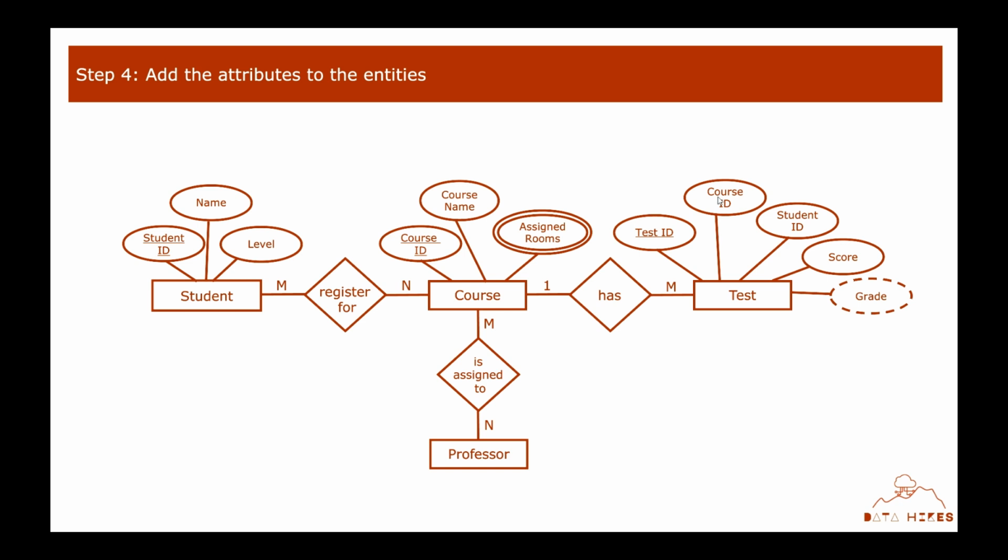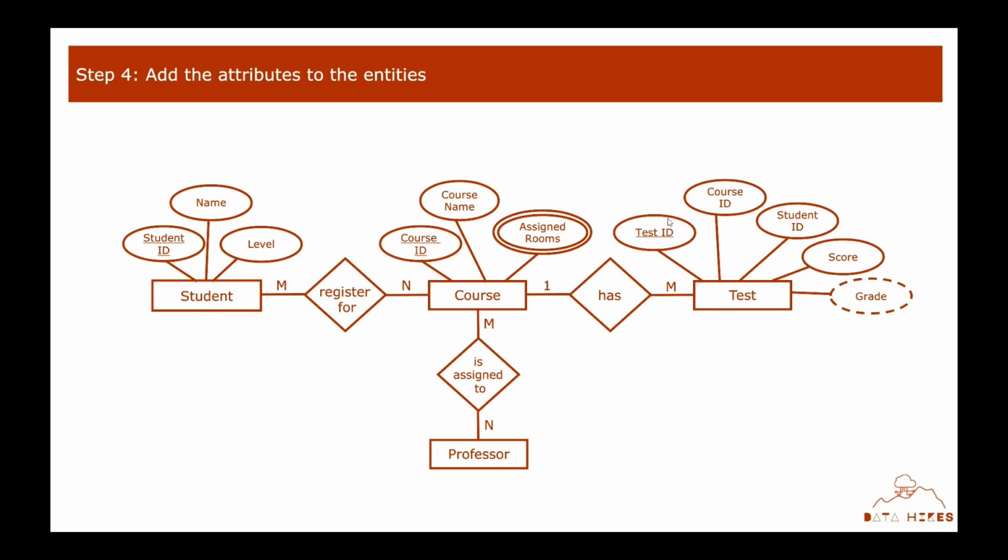So, course ID and student ID are also part of a test, because we need to know if a test is taken, what course was this test for and which student is this test for. So these two are connected by the course through the course ID to the student. This is directly connected to course ID, and then via course ID it is also connected to student. Hence, for one test we have the unique identifier as test ID.